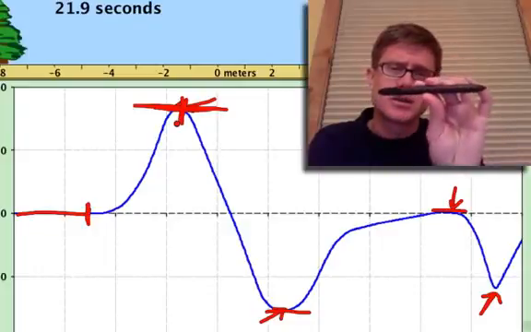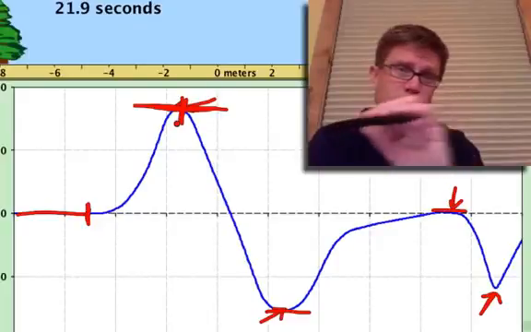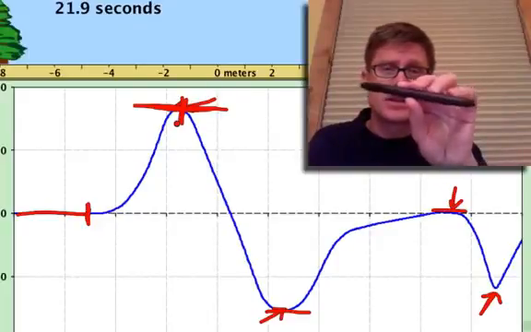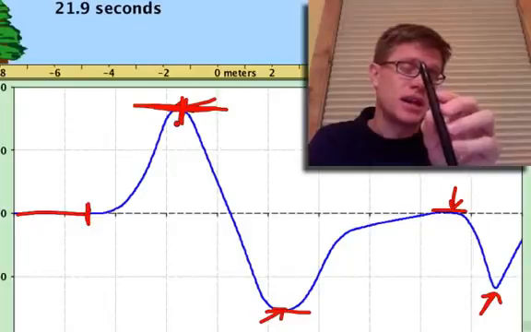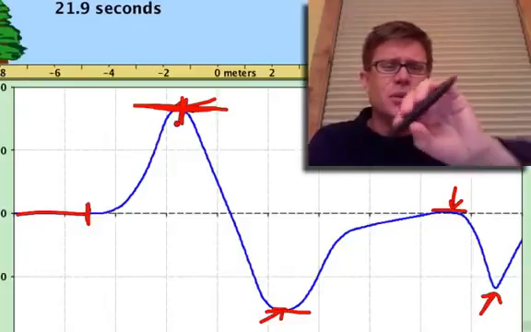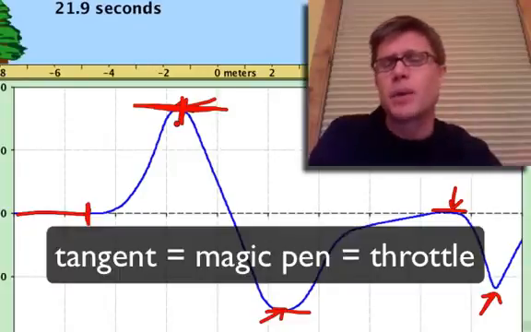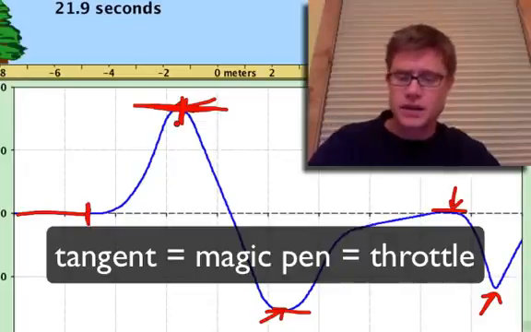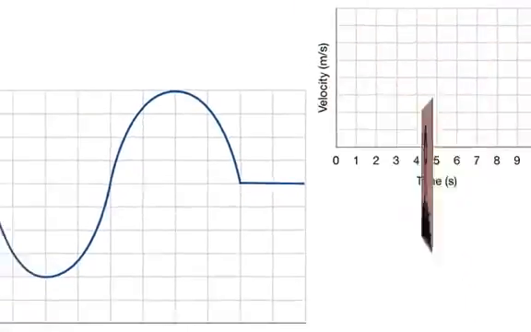Anytime it starts to turn this way, that means it's slowing down. And anytime it moves like this as I move across, that means the velocity is increasing, but it's increasing in the negative. I think of this almost like a throttle, and I can look at the pen and it tells me how fast that object is actually moving.